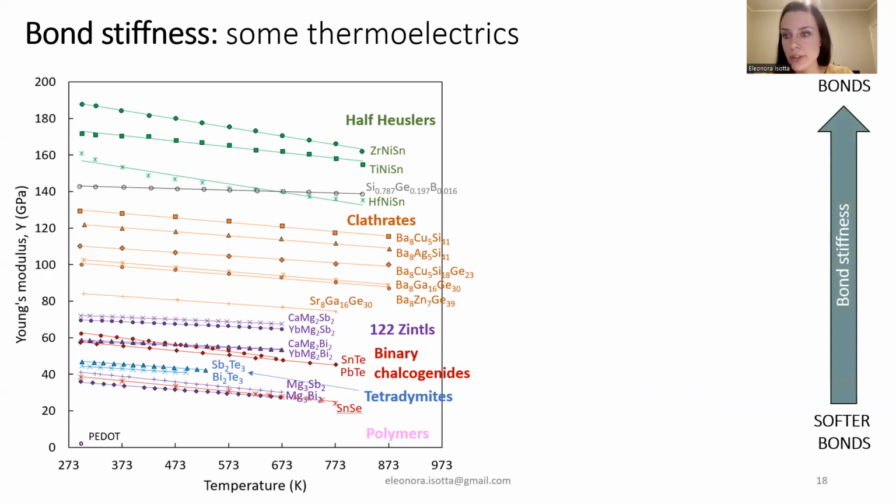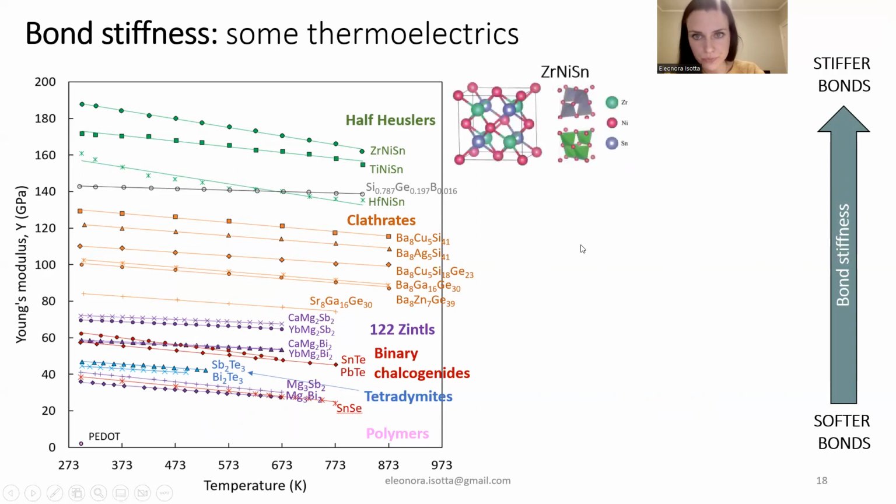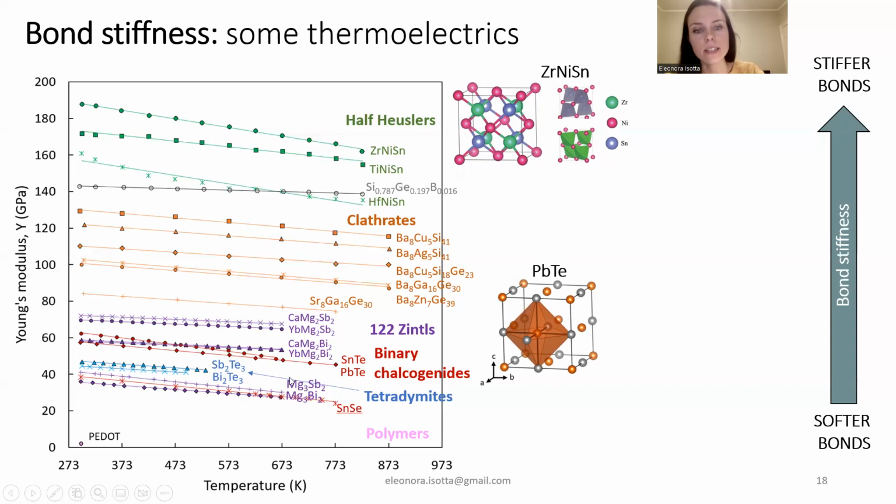One parameter that we can see again here that controls elastic moduli is bond stiffness. For example, among the stiffest thermoelectrics are half-Heuslers, which have covalent bonds and tetrahedral coordination of atoms. Instead, among thermoelectrics with relatively low elastic constants, we have, for example, lead telluride, which has an octahedral coordination and rock salt crystal structure.